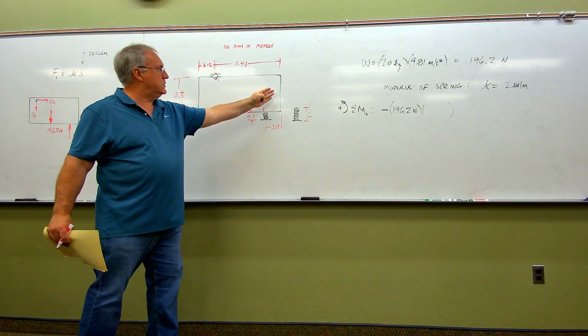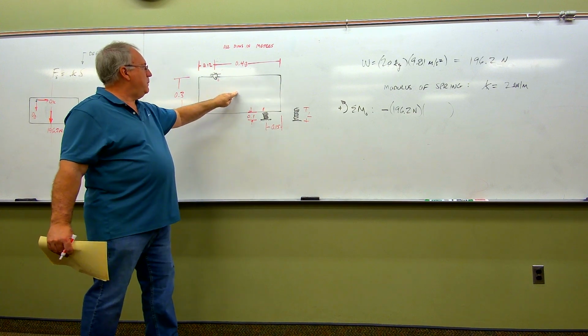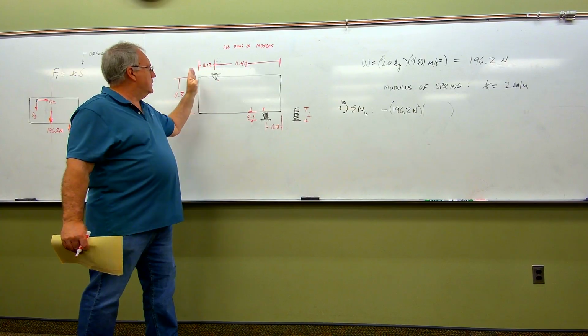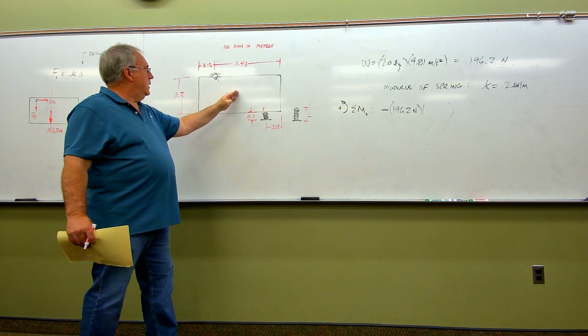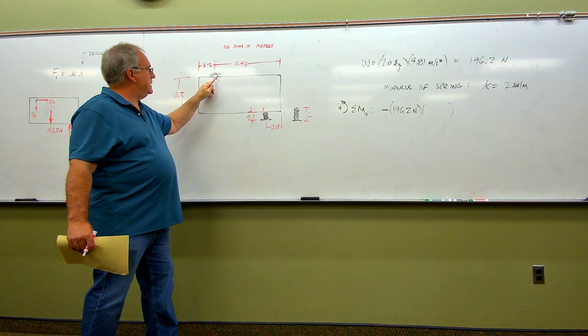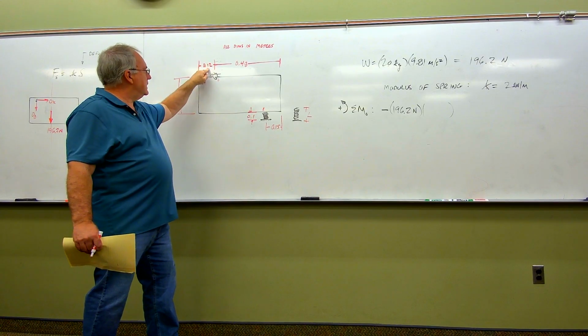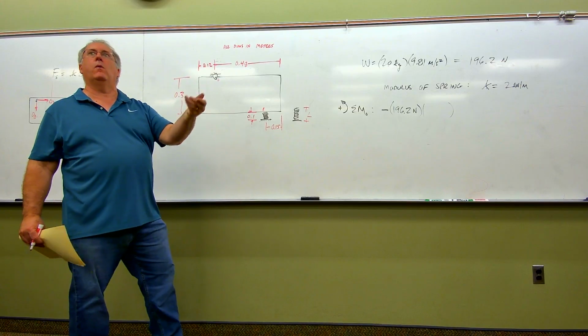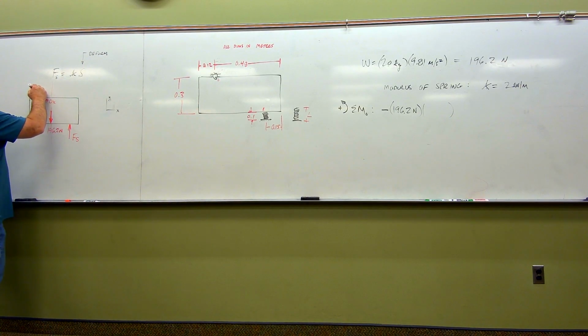So that means, adding those two together, 0.6 meters here, which means that the halfway point would be 0.3. So if this is 0.6 and the halfway point is 0.3 from this edge, but point O is already offset in 0.12, that means the distance from here over to the center of this is 0.3 minus the 0.12, or 0.18. So again, if it helps you, you can do this. So this distance right here is 0.18 meters, right from there to there.